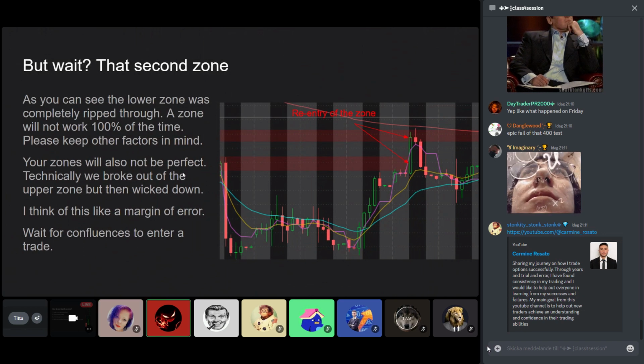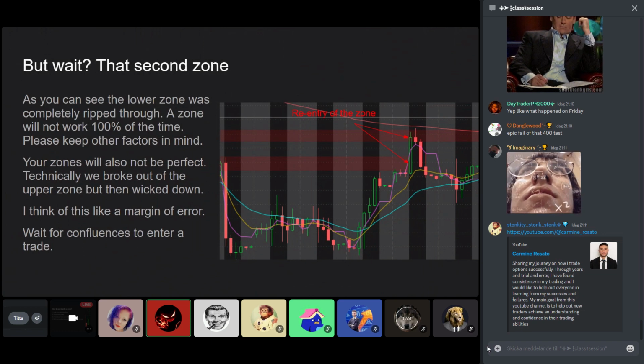And so at the end of the day, the zones aren't going to be perfect either. What Carmine will say is, if price goes fully through the zone, that zone is no longer there. And in theory, it makes sense because the theory is that big institutions or big money are leaving their orders open.